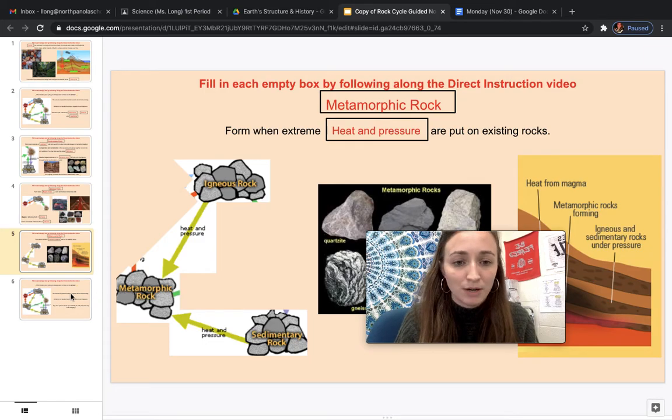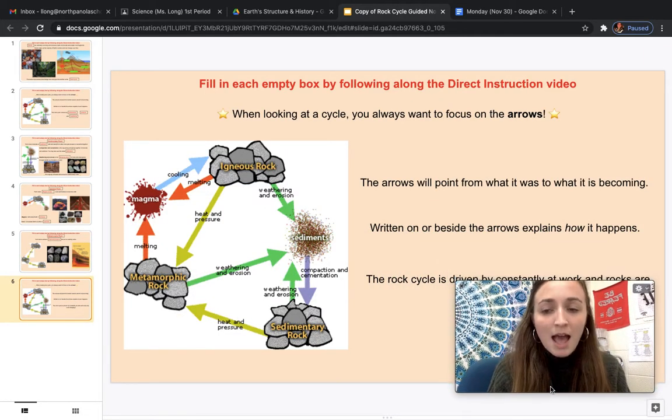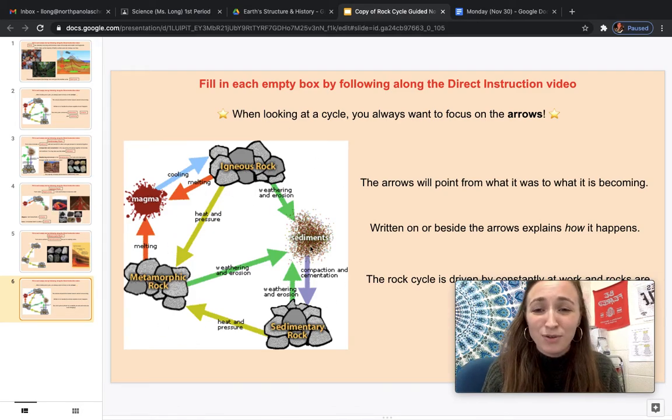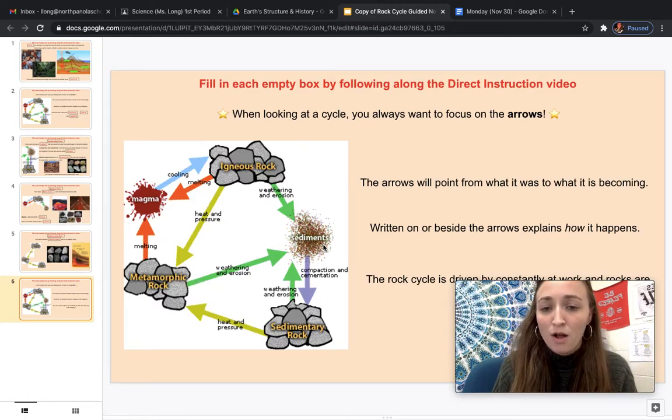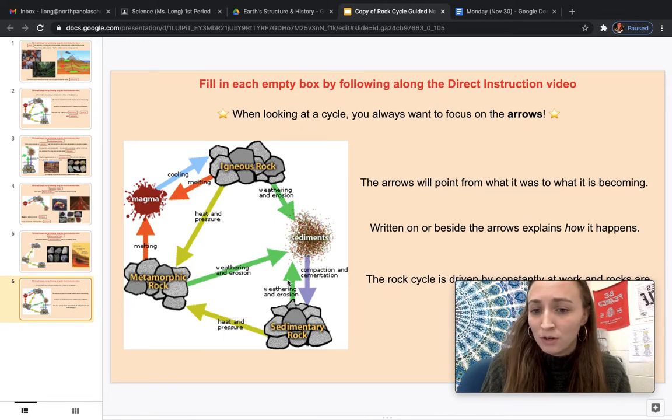Heat and pressure. Okay, so we just talked about all three types of rocks, and remember, you always want to look and focus at those arrows on the rock cycle, because your three rocks, they're not going to stay the same type of rock forever. So it can go in circles and circles and circles. So you have, let's say, your sediment, and it goes through that compaction and cementation to turn into a sedimentary rock.